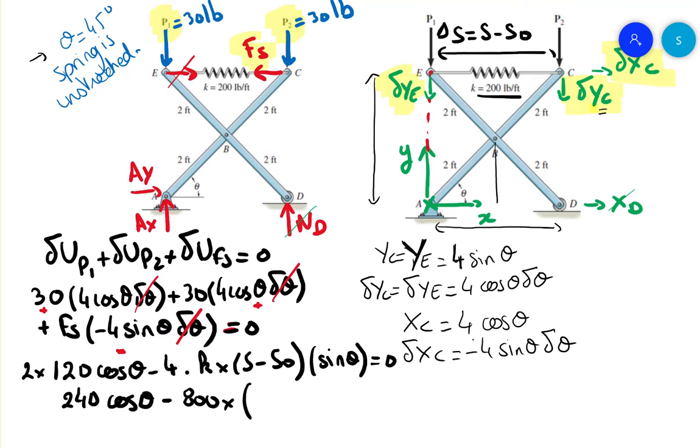So the new position S, this distance, is equal to 4 times the new cosine theta, this theta that will be less than 45, minus 4 cosine 45 degrees when it was at S0, because S0 was when the spring was unstretched at theta equal 45.